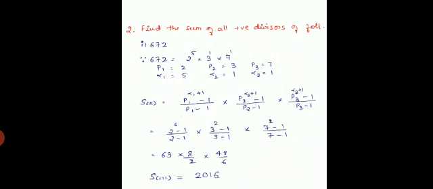Now 63 into 8 upon 2 is 4, into 48 upon 6 is 8. When you simplify these, you get S of 672 is equal to 2016.